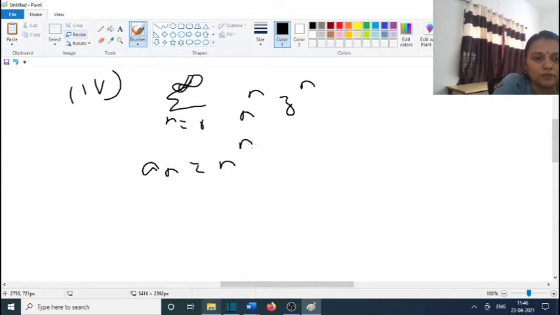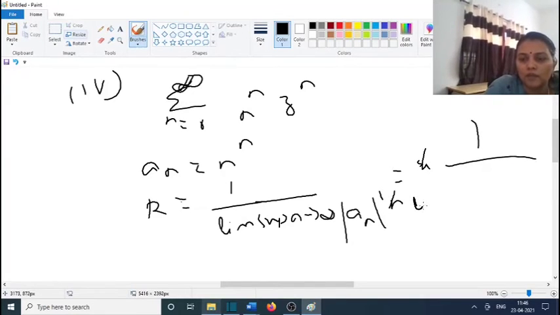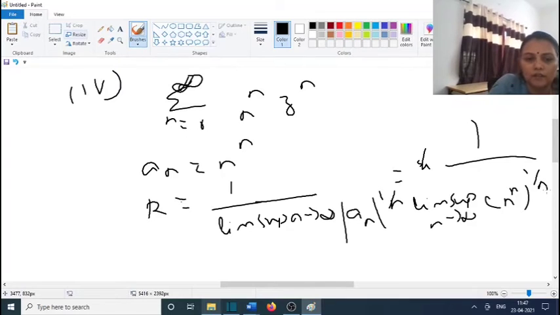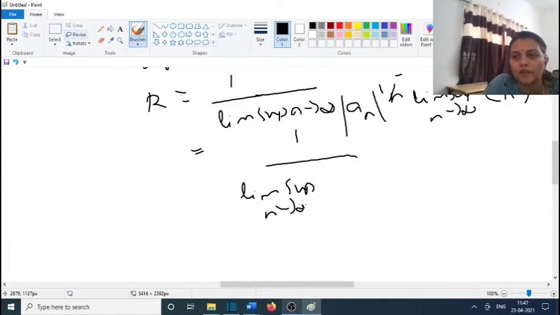So r is equal to 1 by limit n tends to infinity of mod a_n raised to 1 by n, which is equal to 1 by limit n tends to infinity of n raised to 1 by n n, which is equal to 1 by limit n tends to infinity of n, which is equal to 1 by infinity.